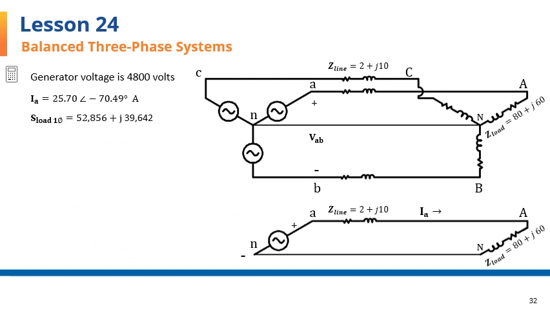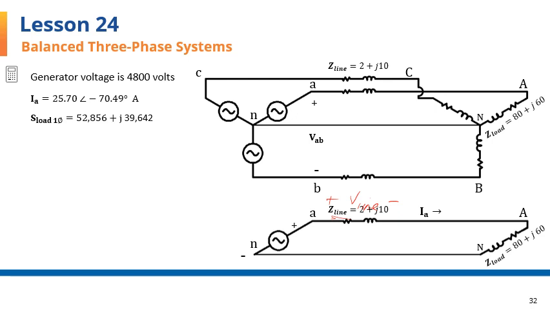Let's next find the per phase complex power loss of the line. We could find the voltage drop across the line by multiplying IA times Z line, let me call it V line, and multiply this V line by the conjugate of IA to find the complex power of the line.